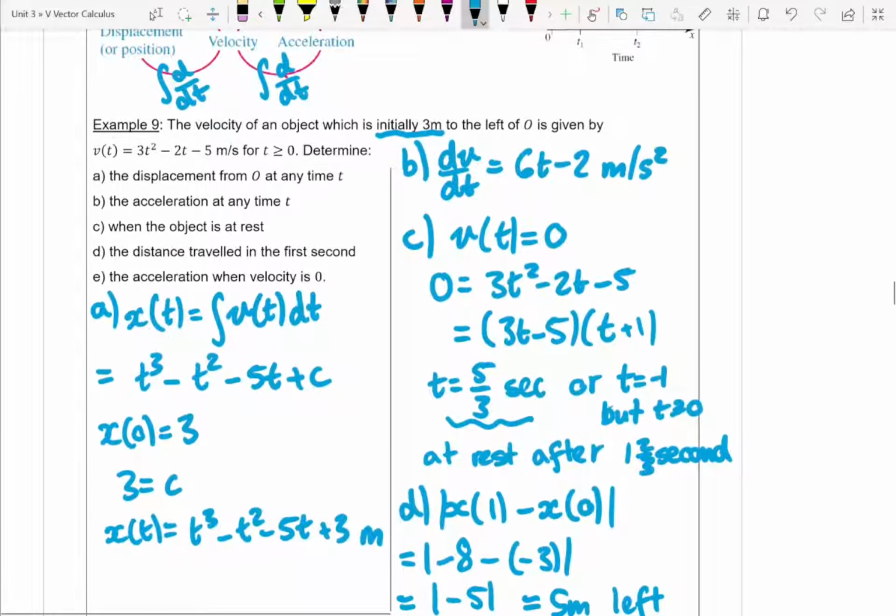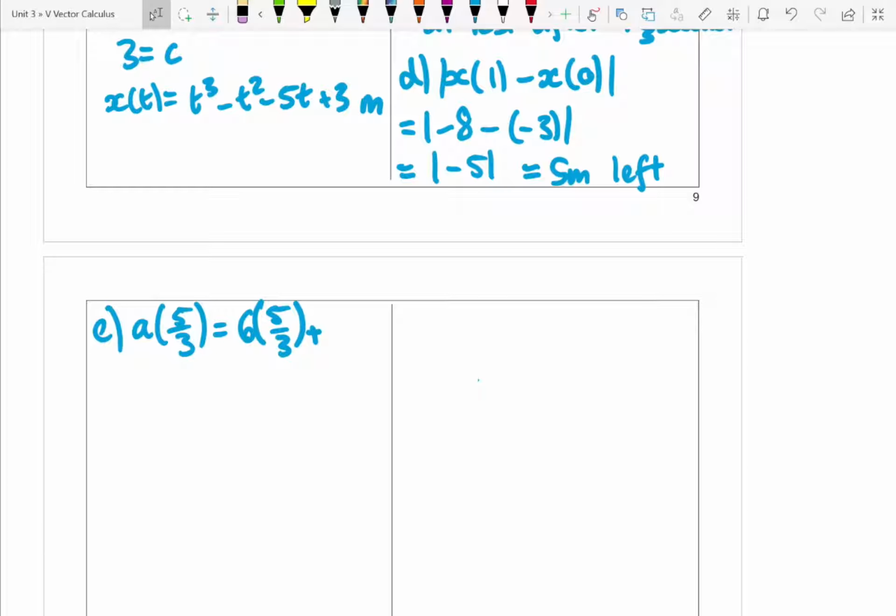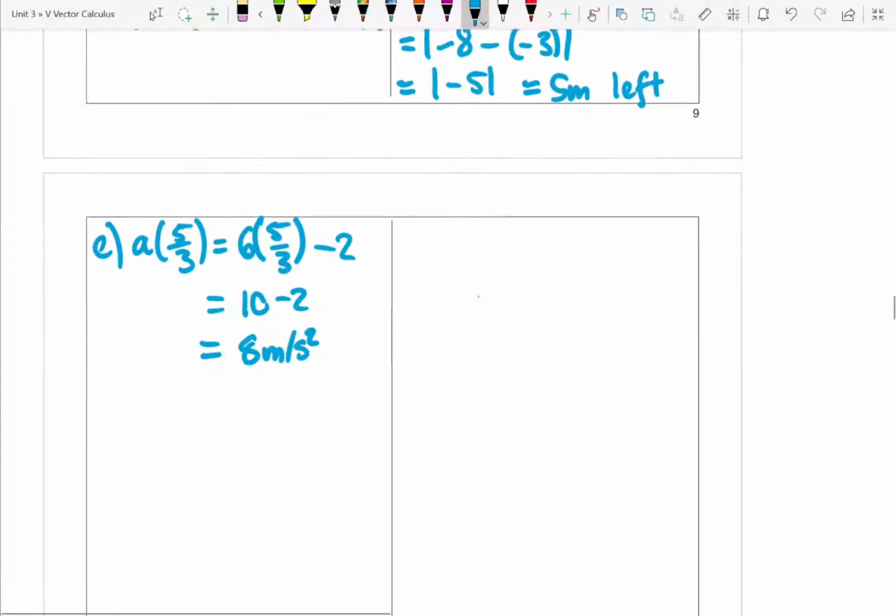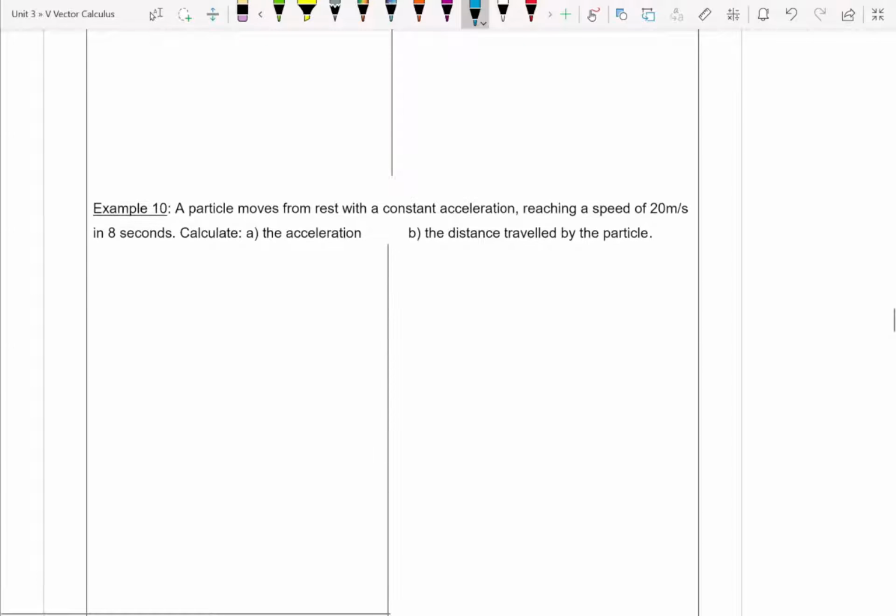Let me just check. Minus 2. So 6 times 5/3 is just 2 times 5, so that's 10. Take 2, so we get an acceleration of 8 meters per second squared, and that would be going to the right. So when velocity is 0, acceleration is 8 meters per second squared to the right.